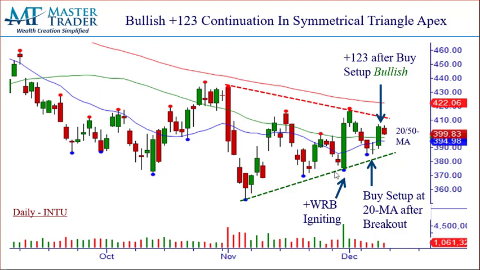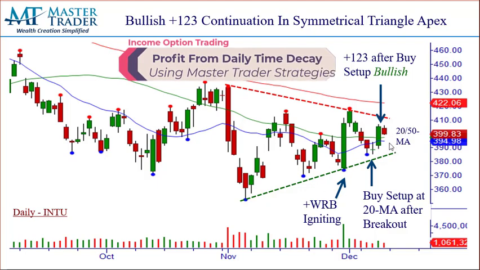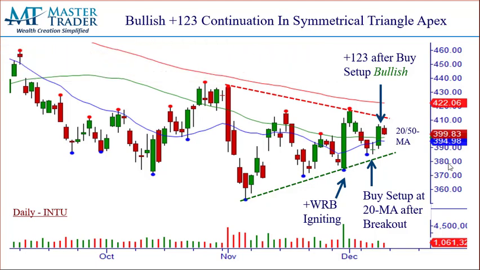In the bigger picture of a symmetrical triangle, it's getting into the apex here, and if it takes out the high of these two bars, the pattern suggests it's going to take this out, and this will be a fantastic entry point. So we're recommending to one of our advisory letters just to buy the stock, and then to our weekly options trader, which specializes in selling short-term options and spreads that expire 10 days or less using our technical approach, we're going to sell a put spread, the 380s, just way down here.